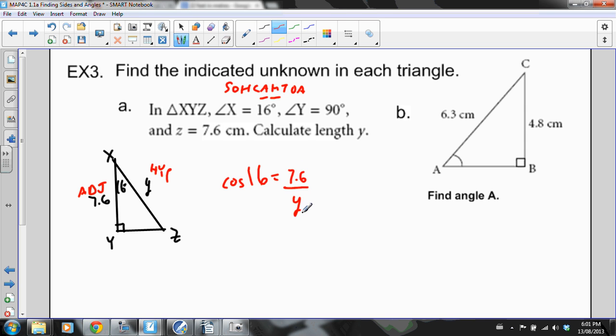And we got another one of these with the unknown on the bottom, so cross multiply. Divide by the cos of 16 degrees. I prefer not to put that into my calculator until the very end.